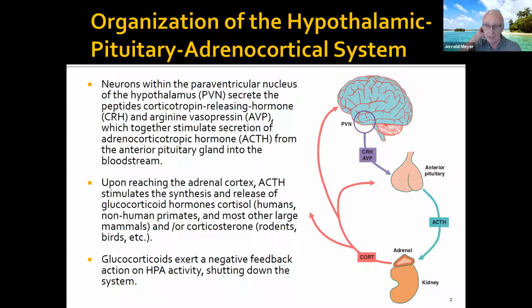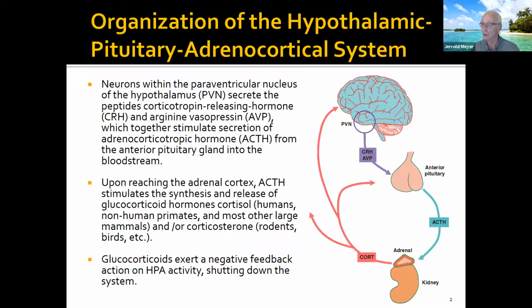So we're going to start with basics. Some of you may be quite familiar with this information already, others less so, and I want to make sure that everybody's on as much as possible on a level playing field. So we're going to start up here in the hypothalamus. There are specialized secretory neurons within this brain area, the PVN, that secrete two peptides, the most important of which is corticotropin releasing hormone, or CRH.